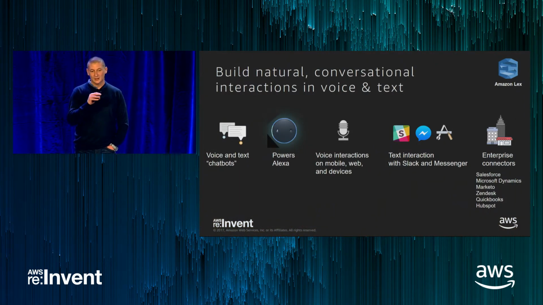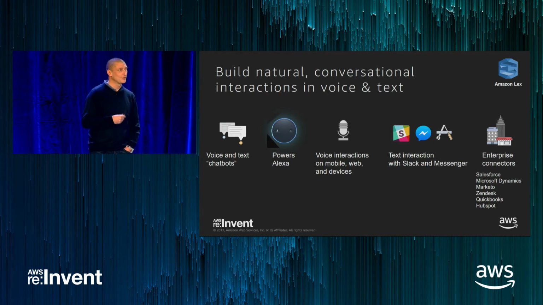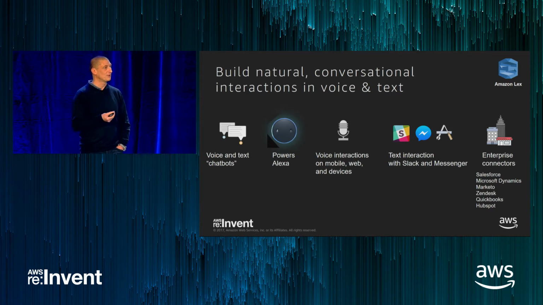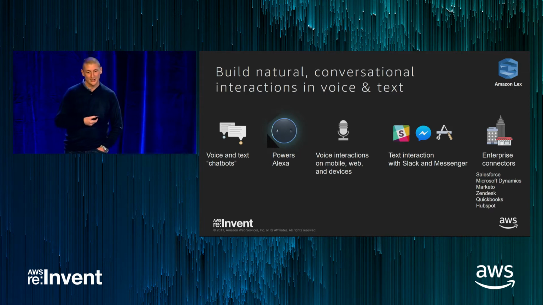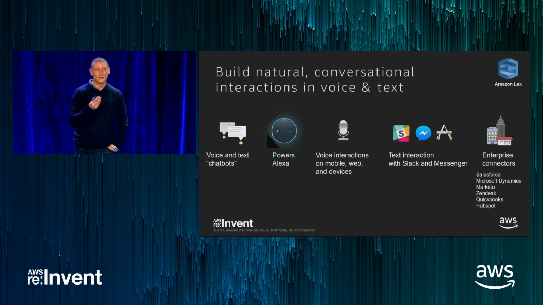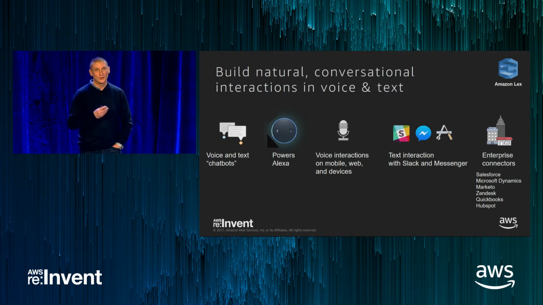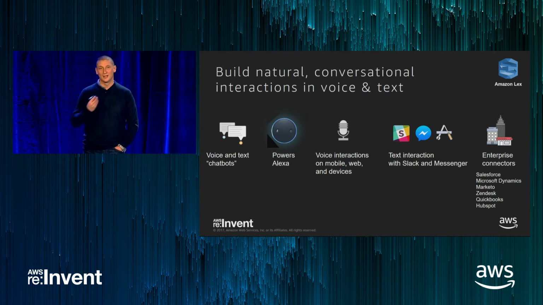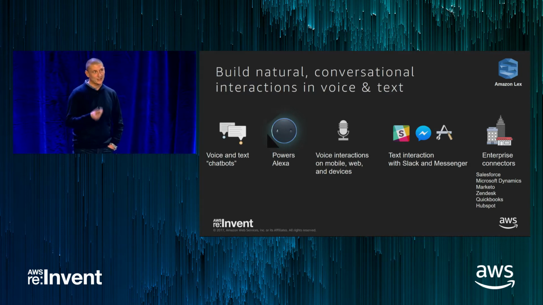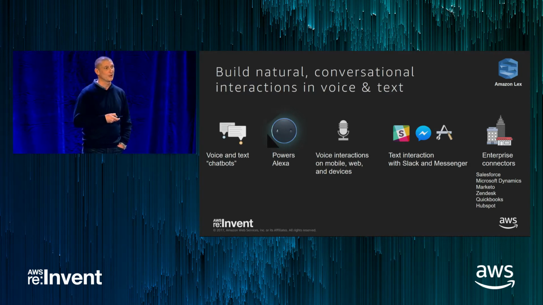Lex is voice and text chatbots. It uses the natural language understanding and the automatic speech recognition engine that was started in Alexa, and it enables you to have rich voice interactions on multiple channels, mobile devices, web devices, but also text interaction with Slack channels, Messenger channels, and connect in to your other enterprise applications.